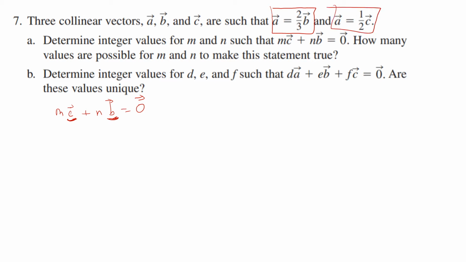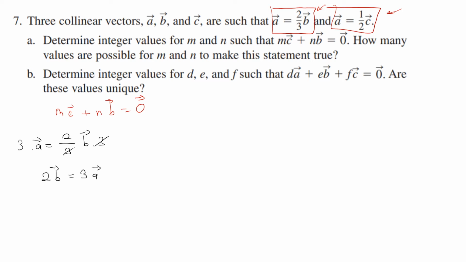To find the values for c and b, I can just leave b alone as well as c alone and plug it right back in here. So I'm going to take the first one, which is a equals 2/3b, and leave the b alone. I'll do that by multiplying each side by 3 first, so I got rid of that 3. Now I'm left with 2b equaling 3a.